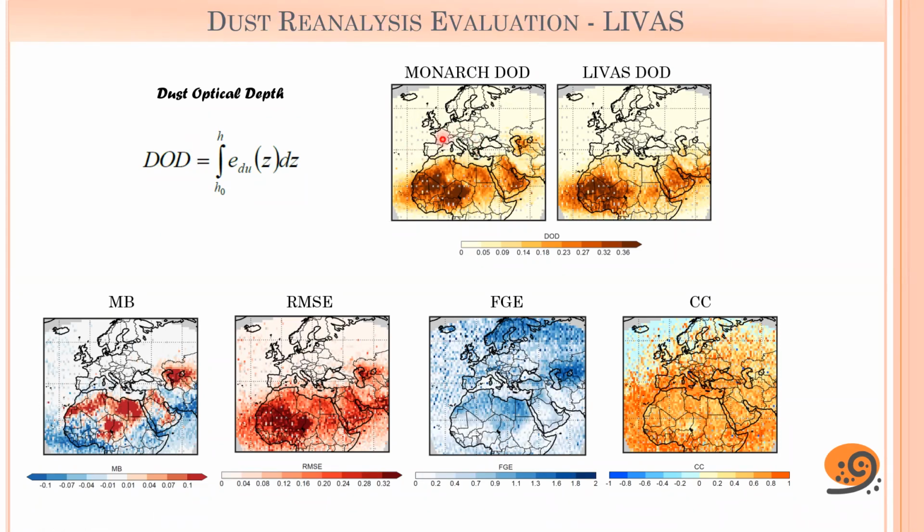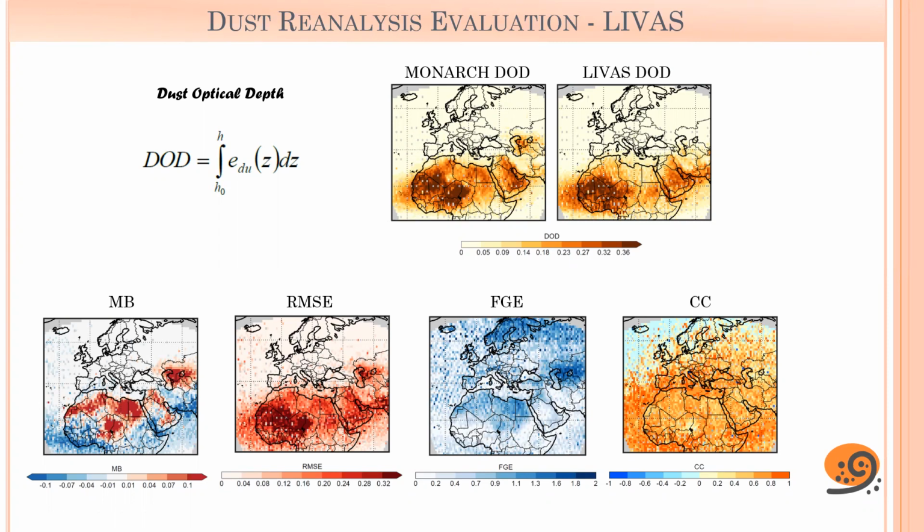Monarch reproduces very well the spatial distribution of the DOD, simulating the dust emissions and the dust transport towards the Atlantic Ocean. However, there are differences in the DOD magnitude over the dust affected areas and especially over the Sahara Desert.